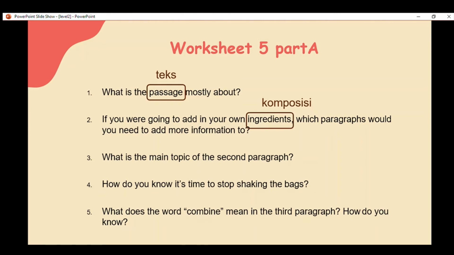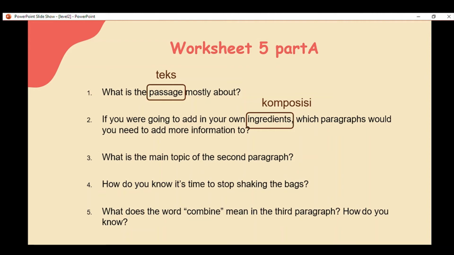So you need to choose in which paragraph you want to put the ingredients. Find it in the text. Is it in the first paragraph, second paragraph, third paragraph, or what paragraph do you want to infer?